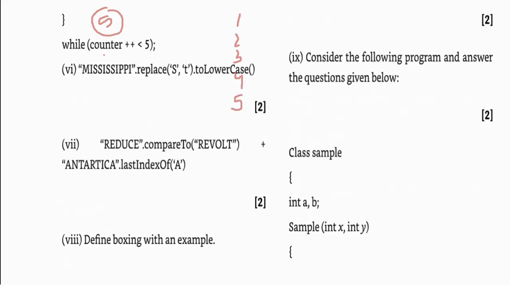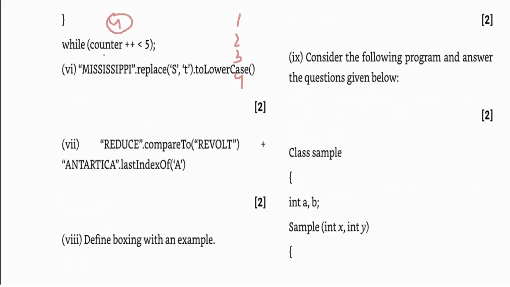All right, it is less than 5, so the 5 statement won't execute. So up to 4 only. Less than 5 is 4, so 4 times the loop will execute, and the printout is 1, 2, 3, 4.